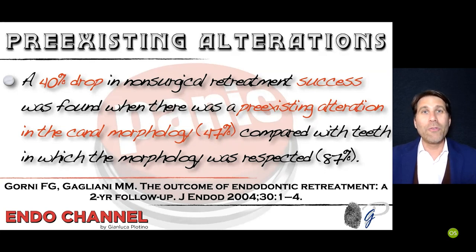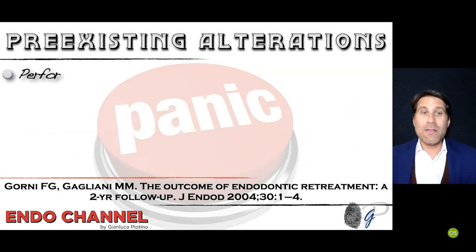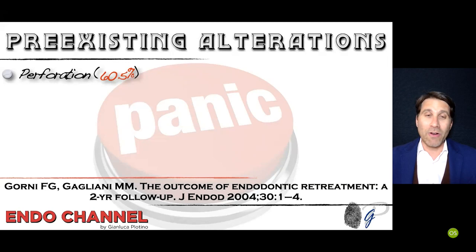Stated by this article, a 40% drop in the success rate when we have an alteration of the original morphology, rather than in the cases in which we don't have these altered anatomies. So we know that the pre-existing alteration may influence the prognosis so much, and perforation is one of these types of pre-existing alterations that has been investigated, reducing the outcome of our treatment.